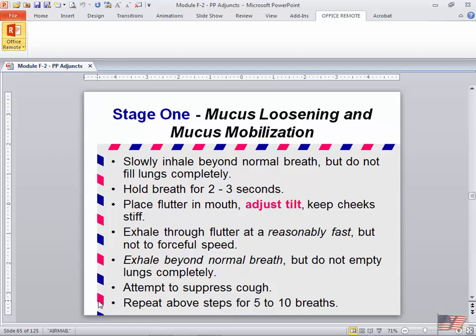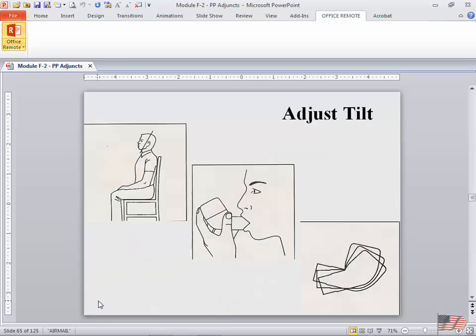Exhale more than normal but not completely emptying. The attempt here is to suppress a cough so we can do a huff cough after repeating this for a few breaths. So here we have the patient sitting. You can see them holding the flutter device, but as we tip it, we change the amount of force that gravity is creating on that ball.